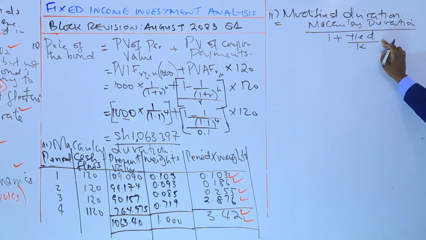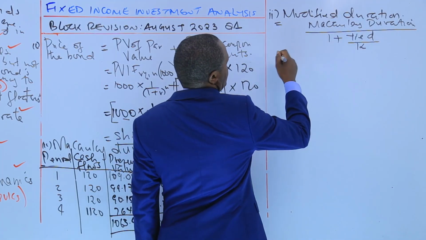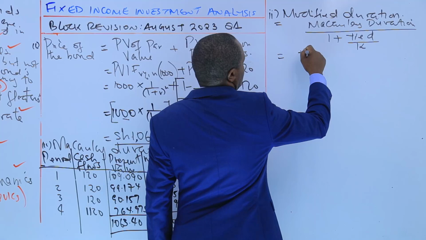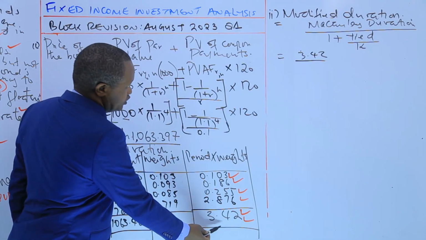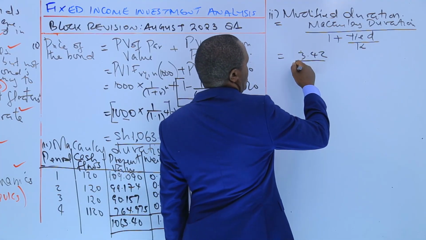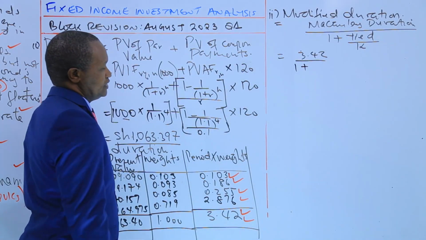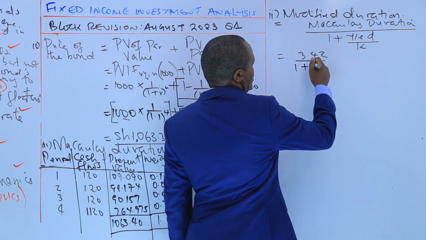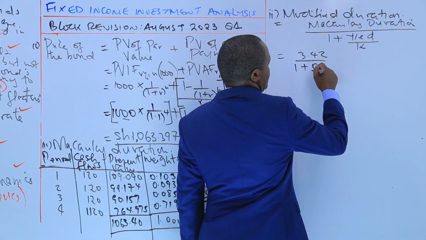The yield to maturity of the bond, we read from the question, is 10%. And therefore, the modified duration will be equal to the 3.42, which we calculated in Roman 1, 3.42, we divide by 1 plus the yield. The yield is 10%, which is 0.1, divided by 4.